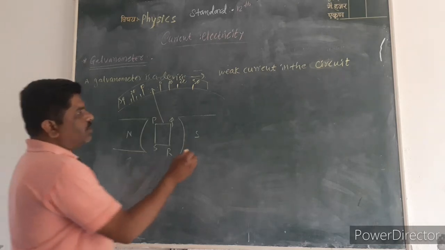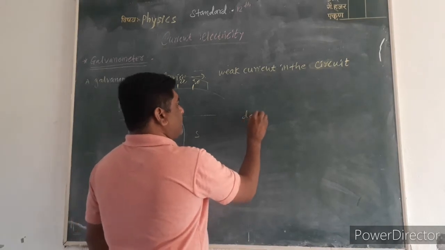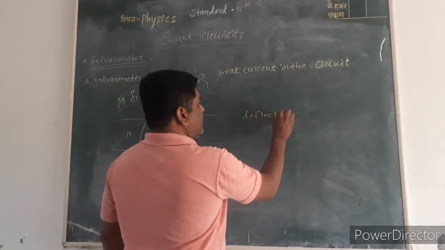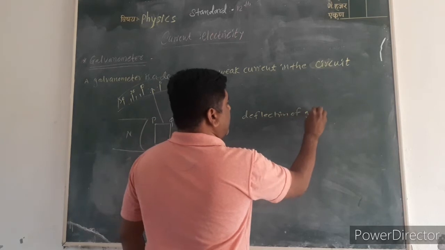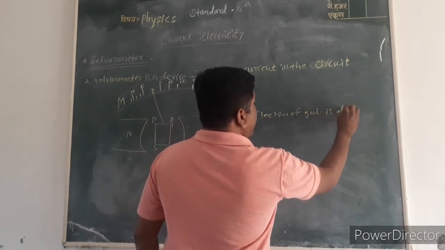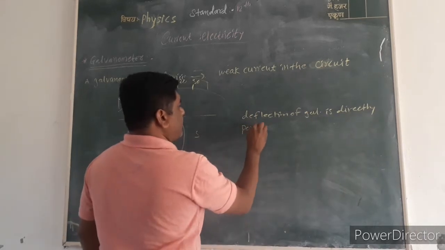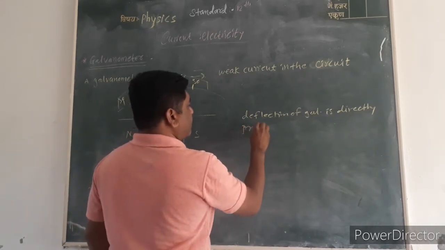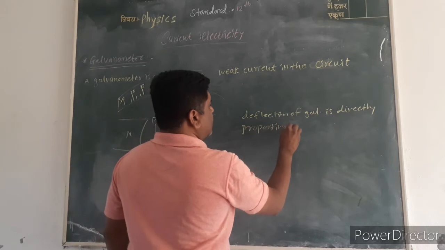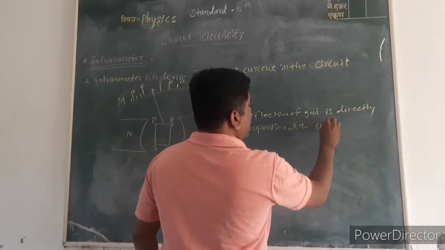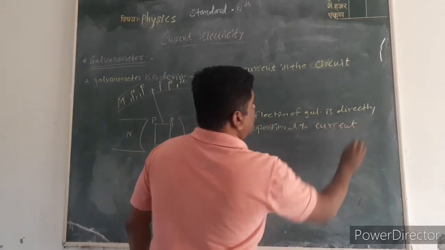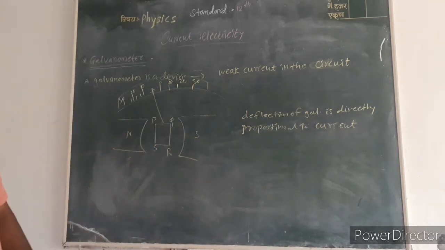This deflection of galvanometer is directly proportional to current in the coil.